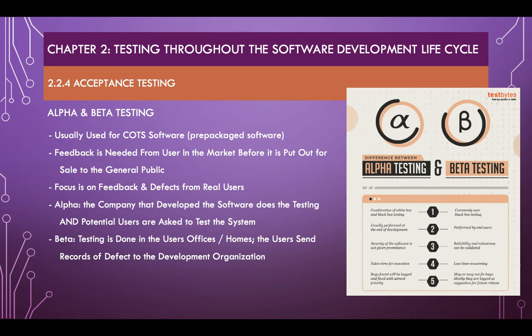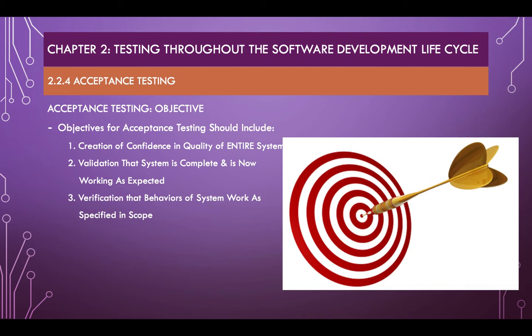In beta, testing is done in the user's office or homes, and the users send records of defects to the development organization. It's often that companies will allow you to use their software for free in exchange that you let them track their errors.